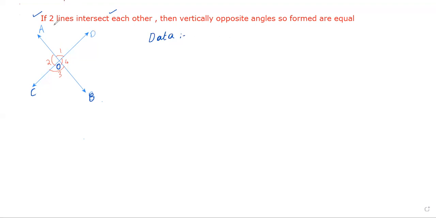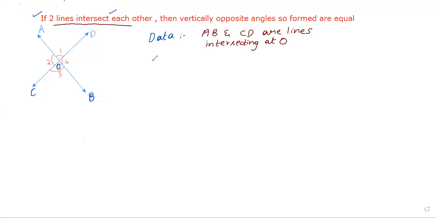If two lines intersect each other, this is what is given. Which are the two lines? AB and CD are the two lines. They are the two lines which are intersecting at a point O. So this is the data which is given.